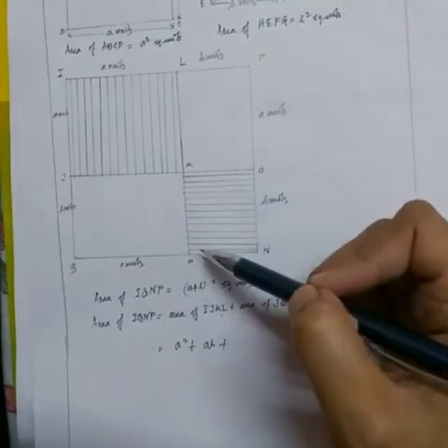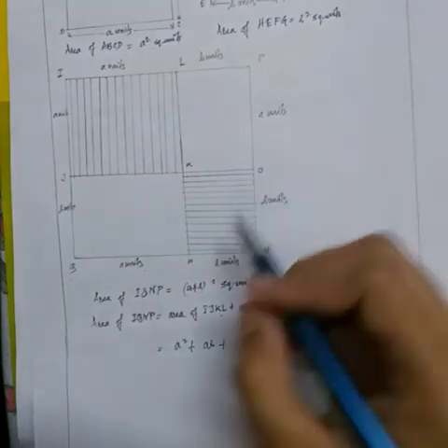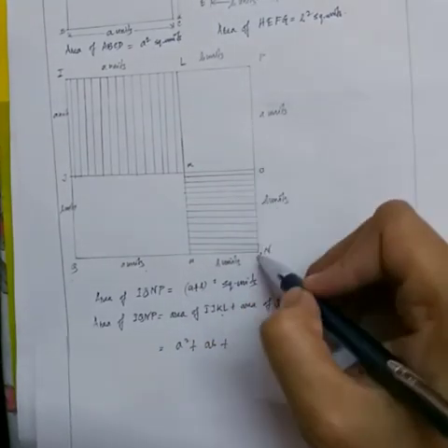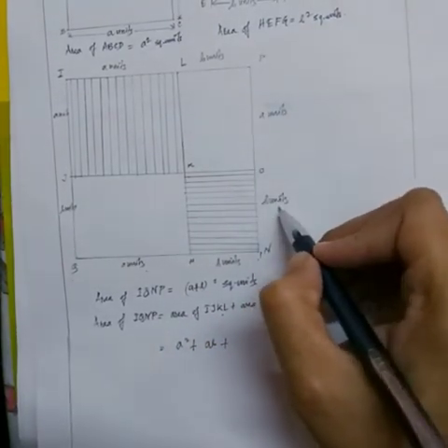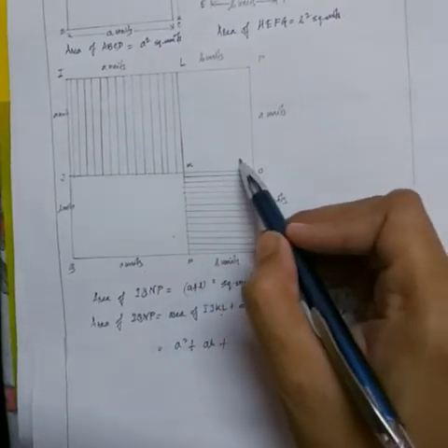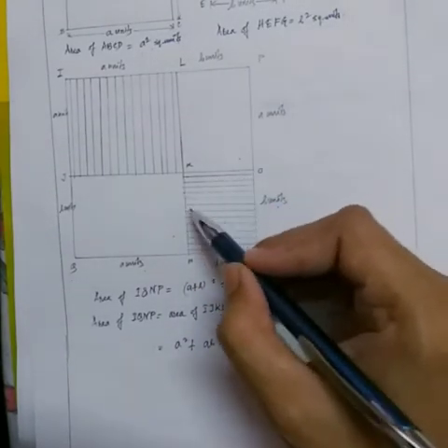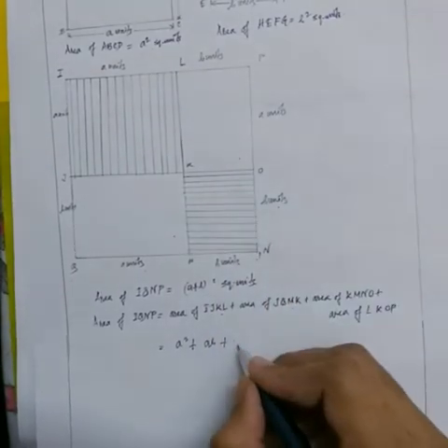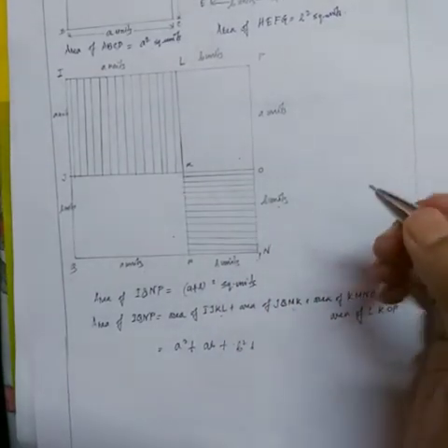For the third part, you can see this is again a square because this side measures b units, this side measures b units. As usual, since all the sides are parallel, this side should also measure b units and this also measures b units. So the area of this part is b square, right?